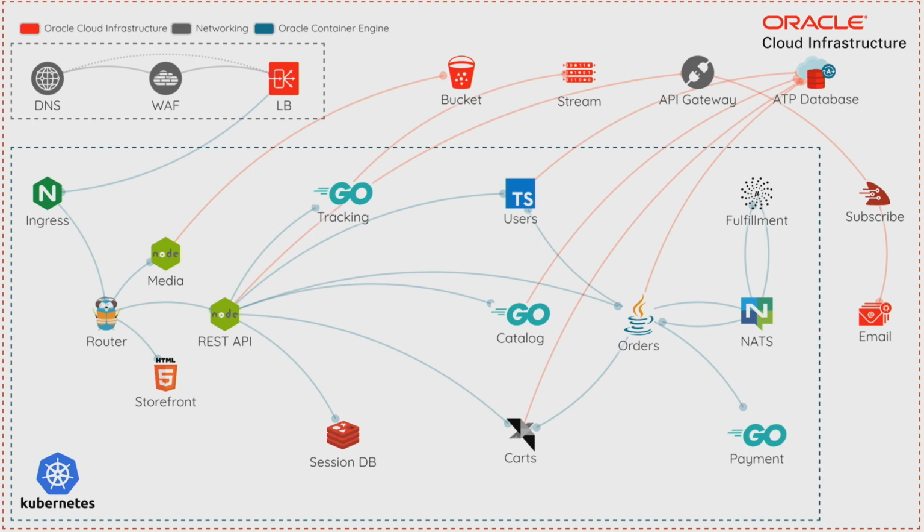This entire e-commerce application is built with a bunch of microservices. You have services that do tracking, you have services that do catalogs, you have services that manage users, you have services that provide cart functionality in the shopping experience, you have an order management service, a payment service, a fulfillment service, and so on.